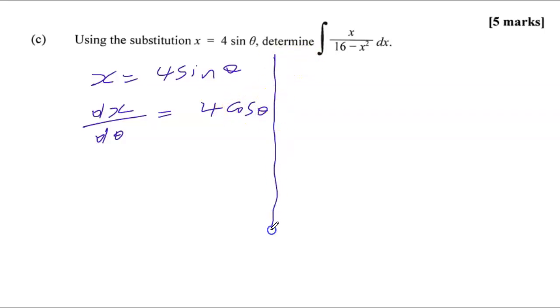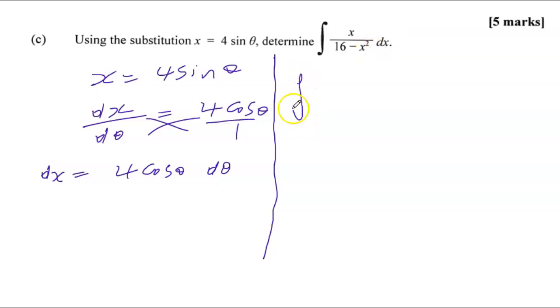The plan is to substitute all of this into the function we're asked to integrate. So we need an expression for dx. If we just cross multiply, dx is equal to 4 cos theta d theta. So we can replace dx with 4 cos theta d theta. Let's substitute. So rewrite the problem. x, we're told, is 4 sine theta.